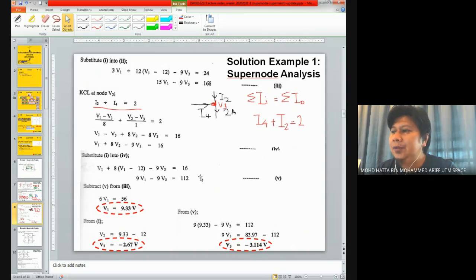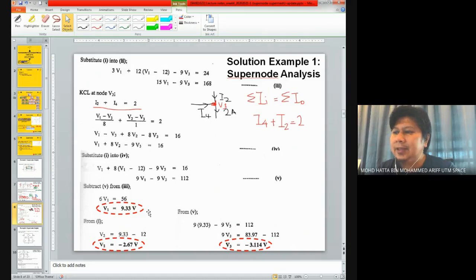And again, if you try to solve these two equations, you have options. You can use a simple simultaneous equation, either substitution or elimination. Also, you can use matrix, inverse matrix, or Cramer's rule in order to solve V1 and V3.